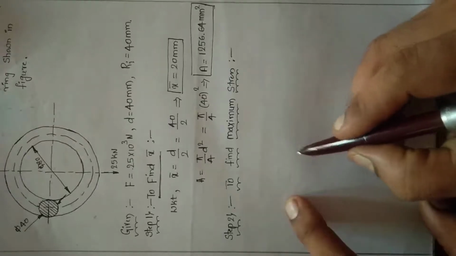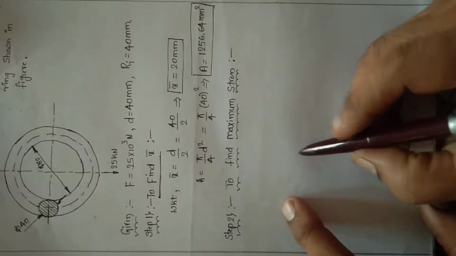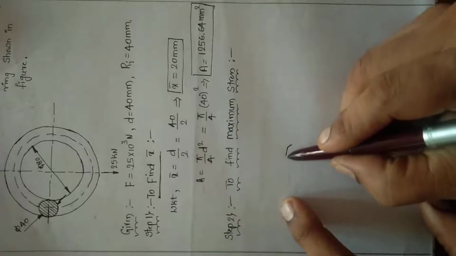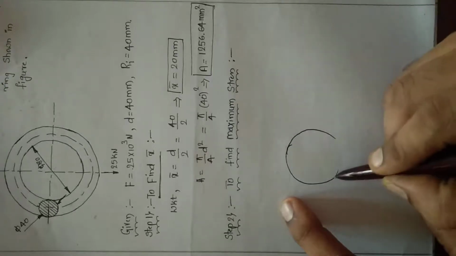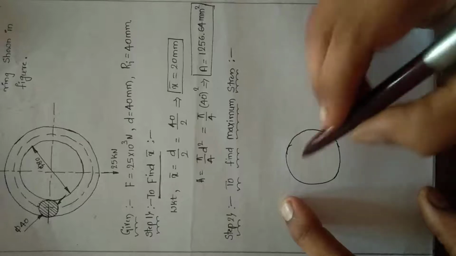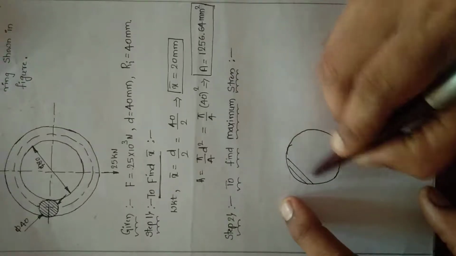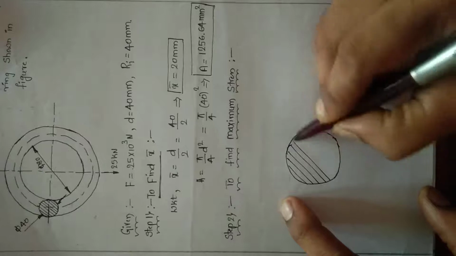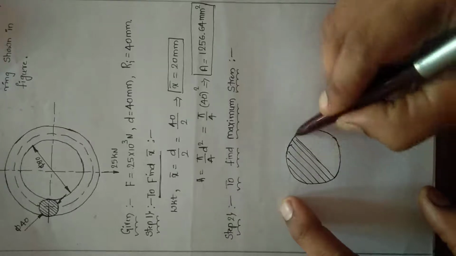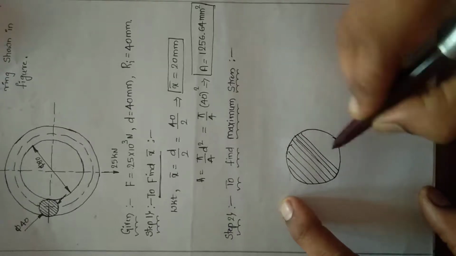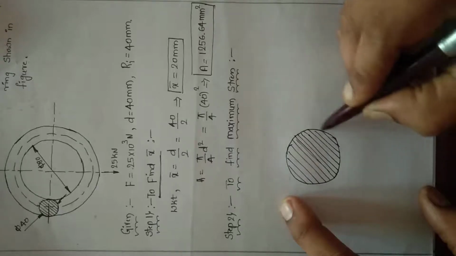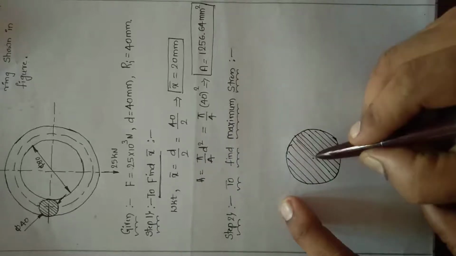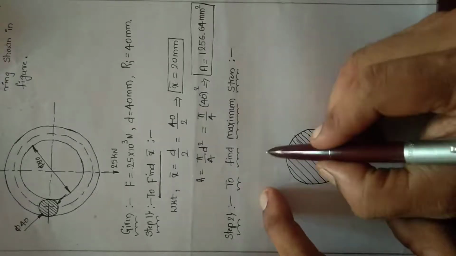If I draw the section, here the centroidal axis we need not worry about, the centroidal axis will be the center of the circle itself.